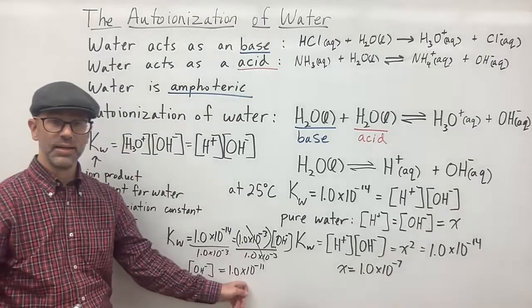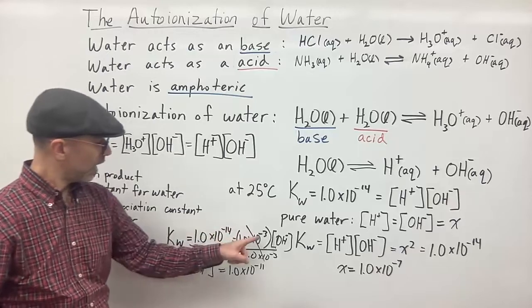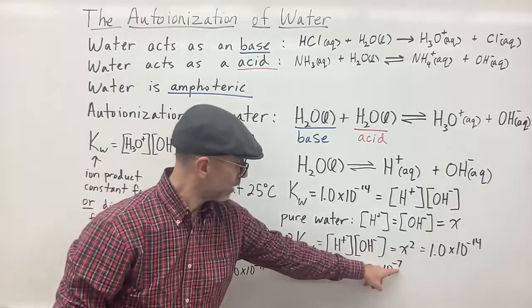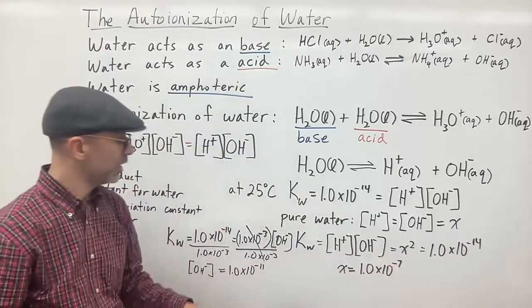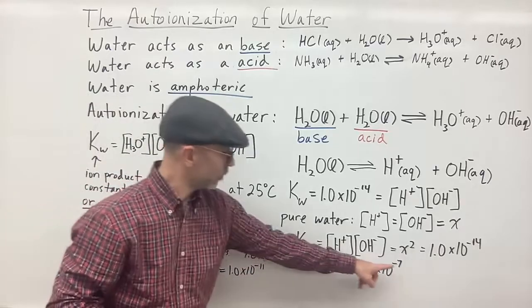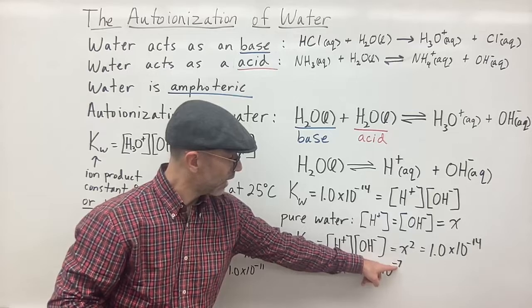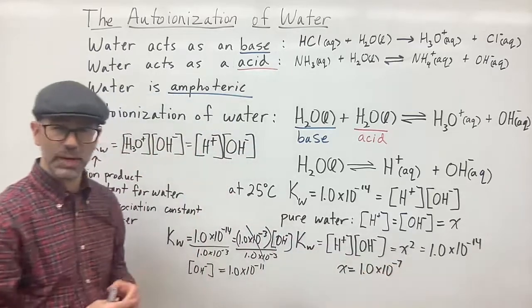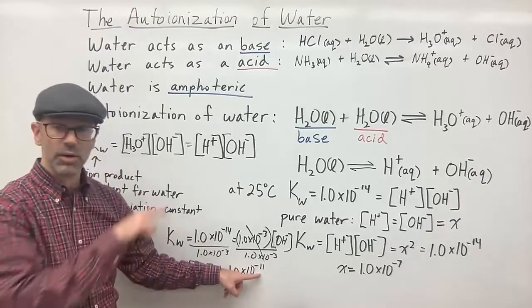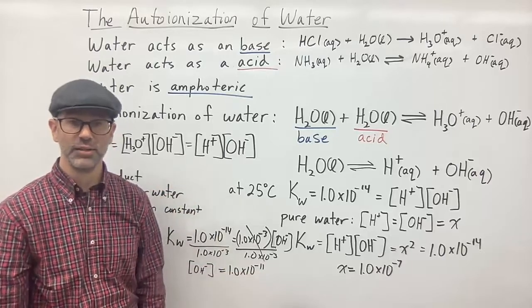So you could see that normally the H plus concentration is 1.0 times 10 to the negative 7, but then we increase that by a factor of 10,000, from negative 7 to negative 3. So the OH minus decreases from negative 7 to negative 11, a decrease by a factor of 10,000.